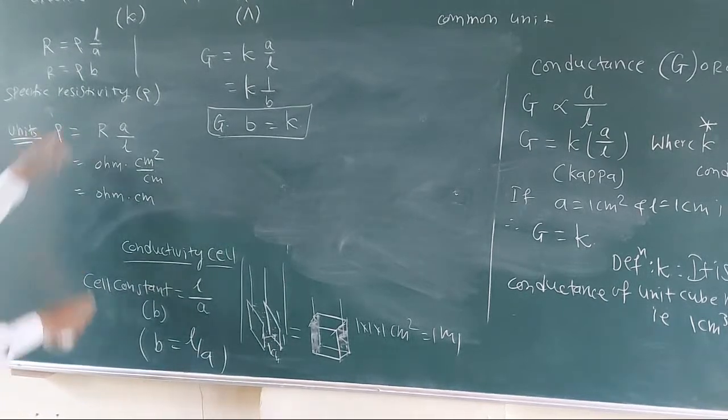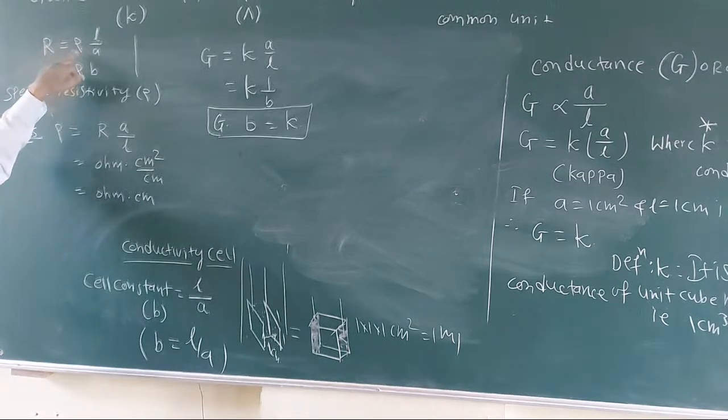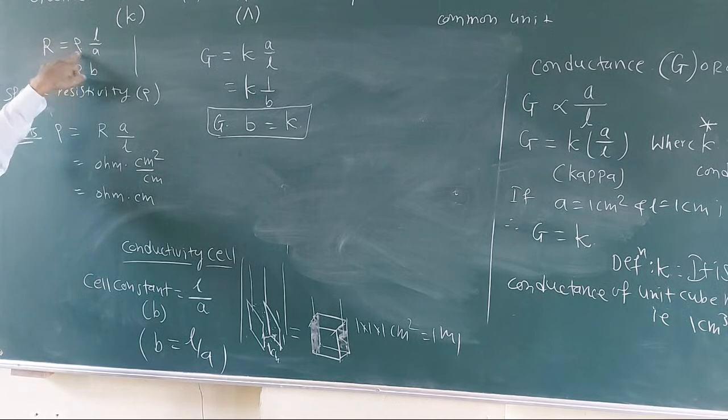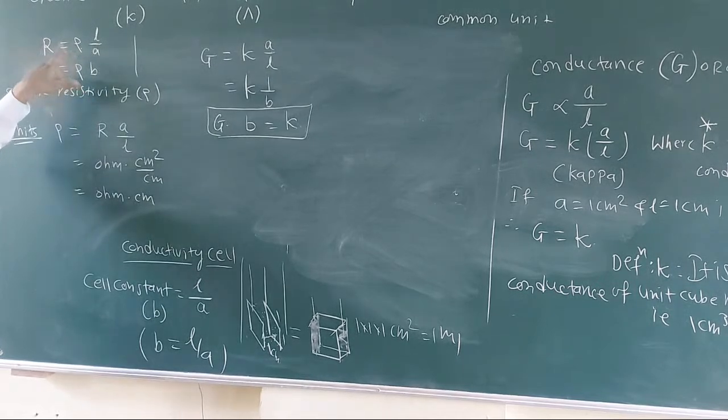That means the specific resistivity can be defined as the resistance of 1 ml of material. That means L is equal to 1, A is equal to 1, the total value becomes 1, and that material has some resistance, that is the specific resistivity.